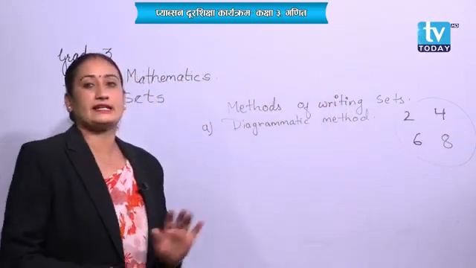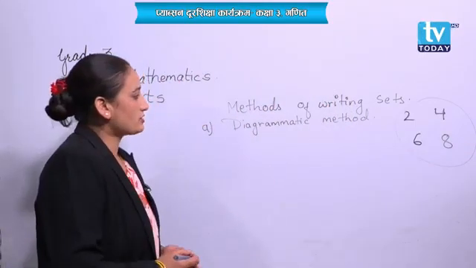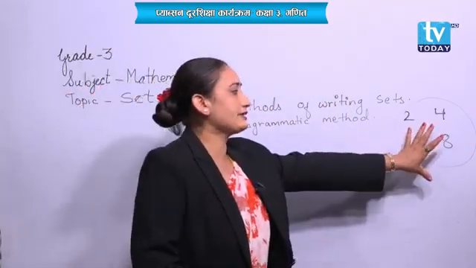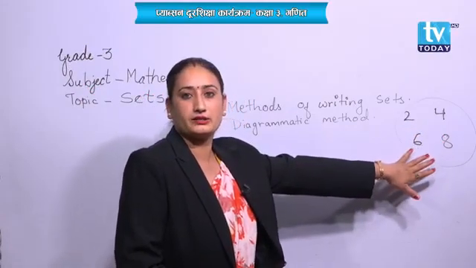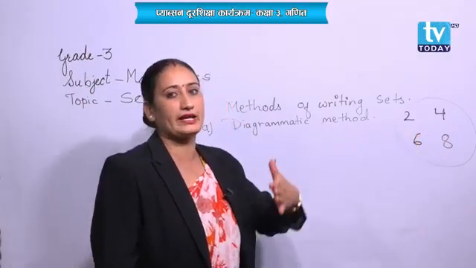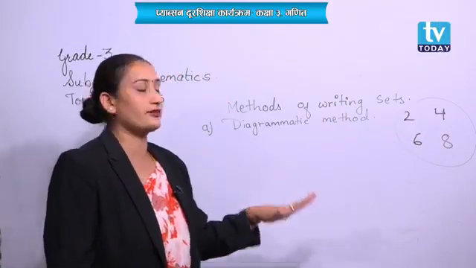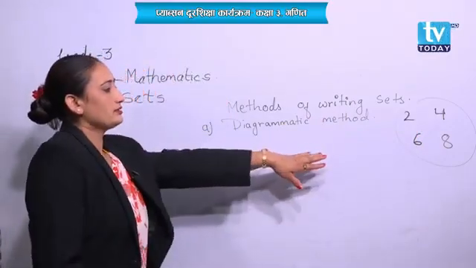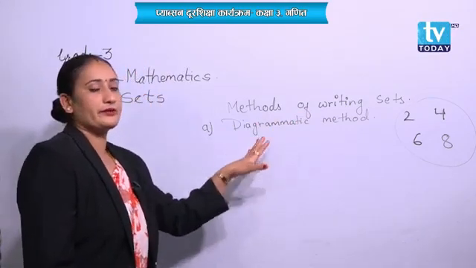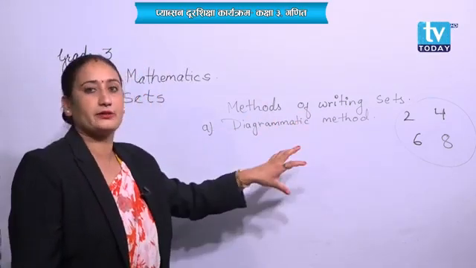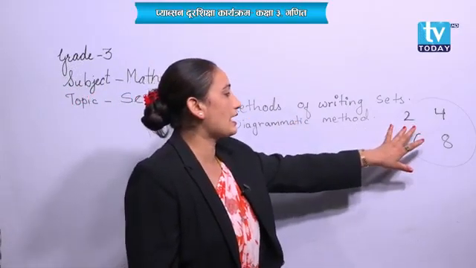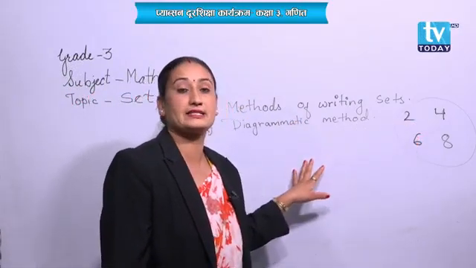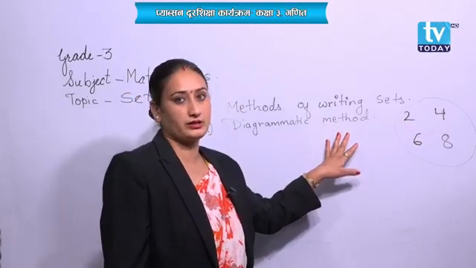By looking at the picture, we can easily identify it is the set of numbers. If the set comes in the form of a circle and the members are inside that circle, then we call it a diagrammatic method.